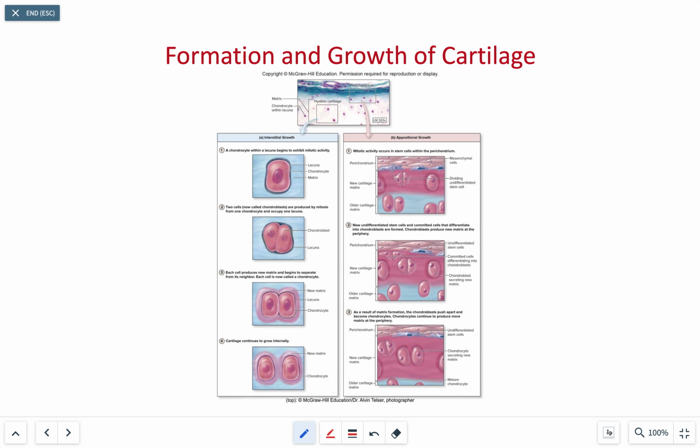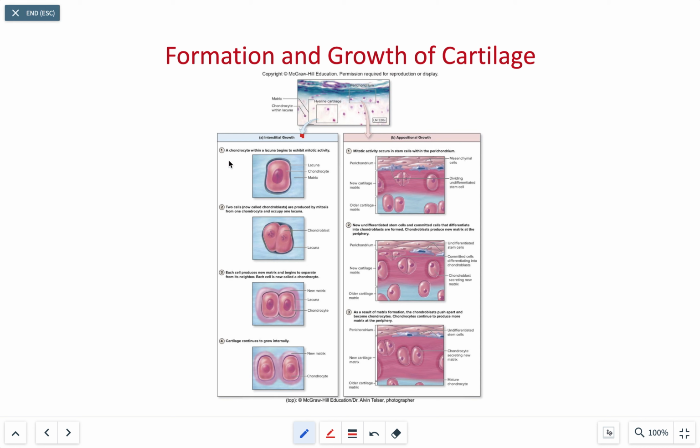When we're looking at the formation or growth of cartilage, a key point is understanding the first one, which would be the interstitial growth. Interstitial growth simply means from within. What we're going to see is that the chondrocytes are going to undergo cellular division.